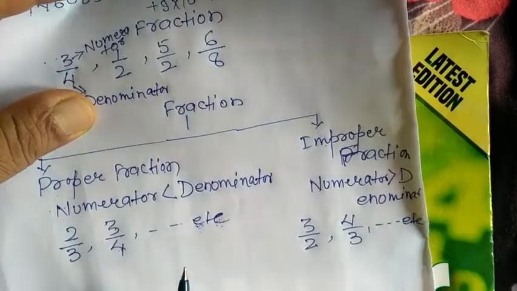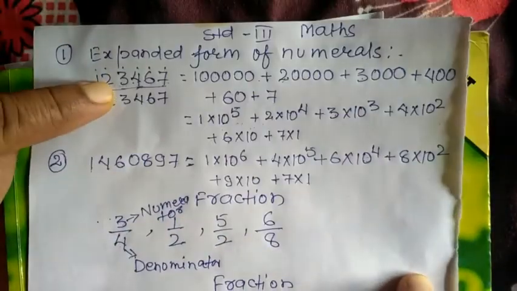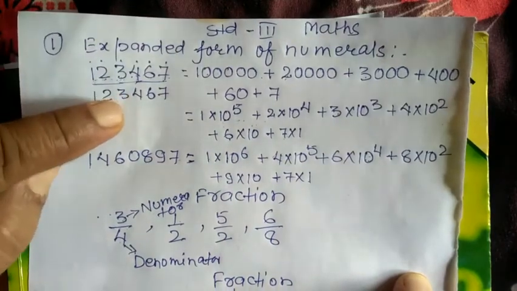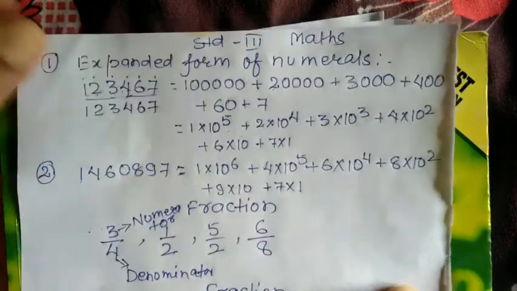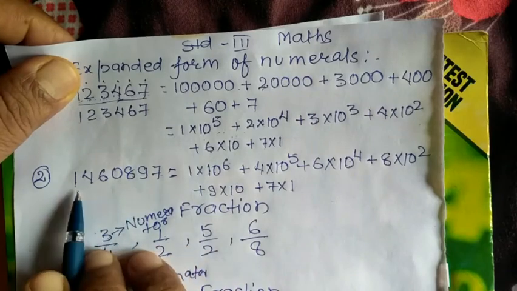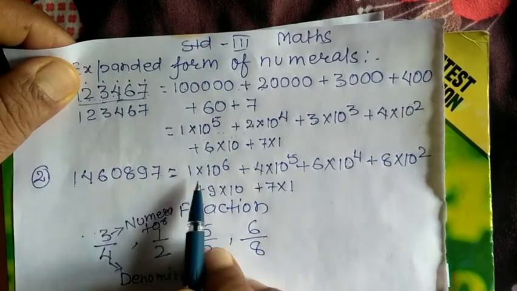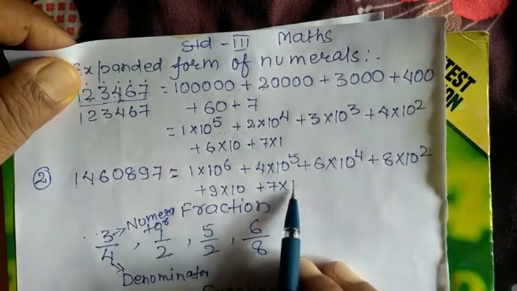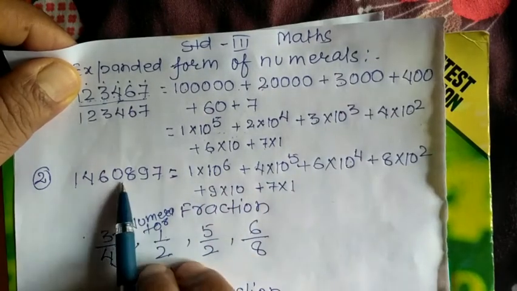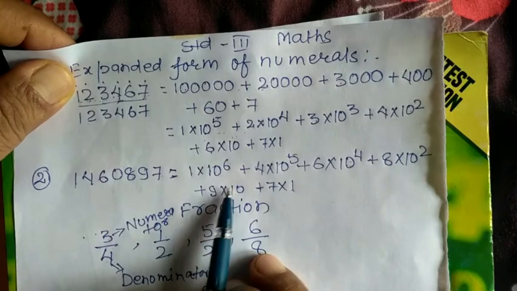So at present, you learn only two terms: the expanded form of the number as well as the short form of the number. Whatever number is written is called the short form of the number, while this number in expanded form will be written like this. So two types of question arise here.